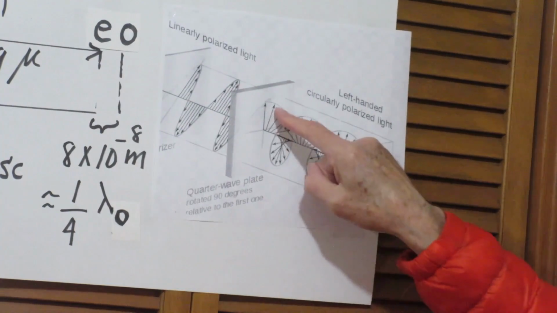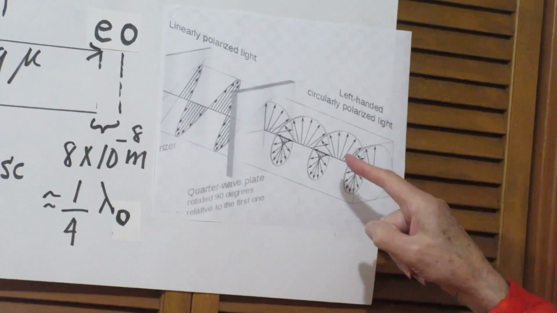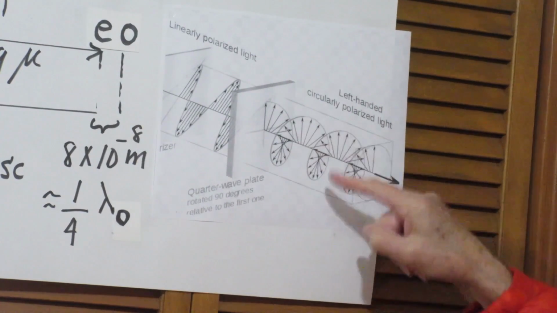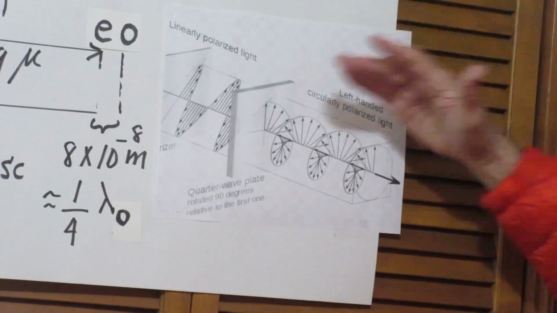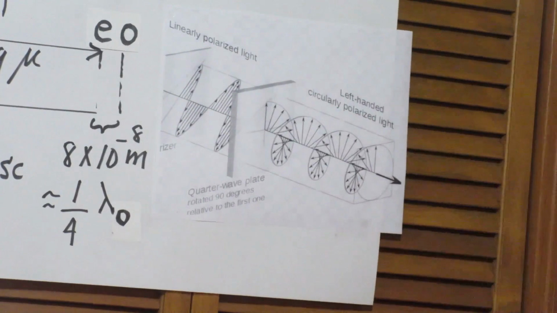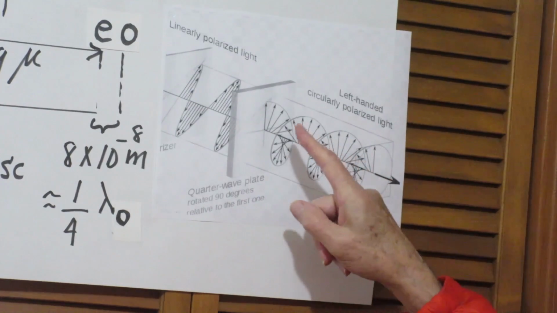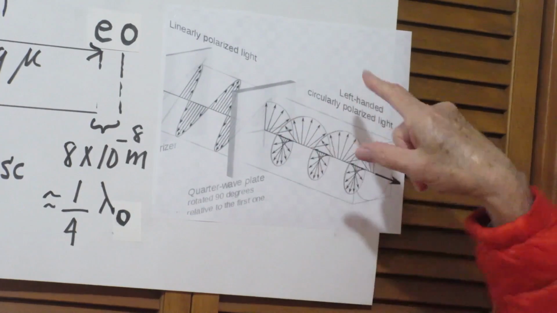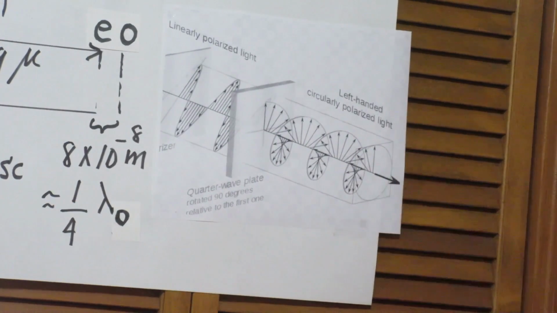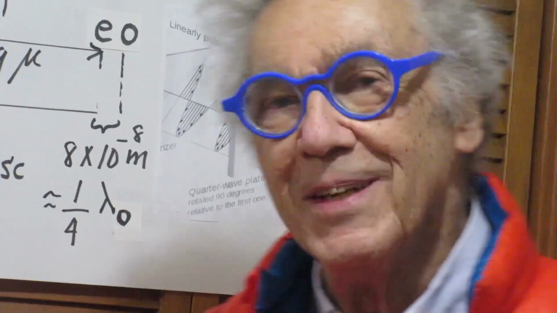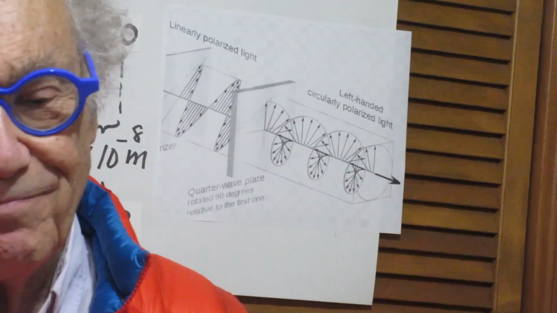And then out of this birefringent material comes the circular polarized light. Forget the word left-handed, because we never discussed left-handed and right-handed. It's circularly polarized light. With some imagination you can just see that the E vector is going around like this as it propagates out. So maybe this helps those who do not know what circularly polarized light is.